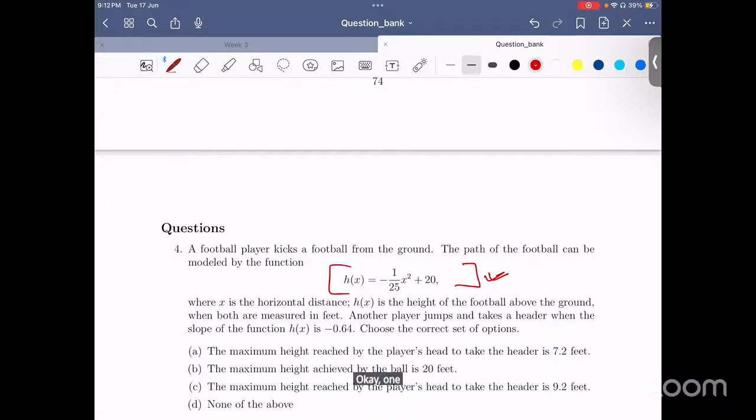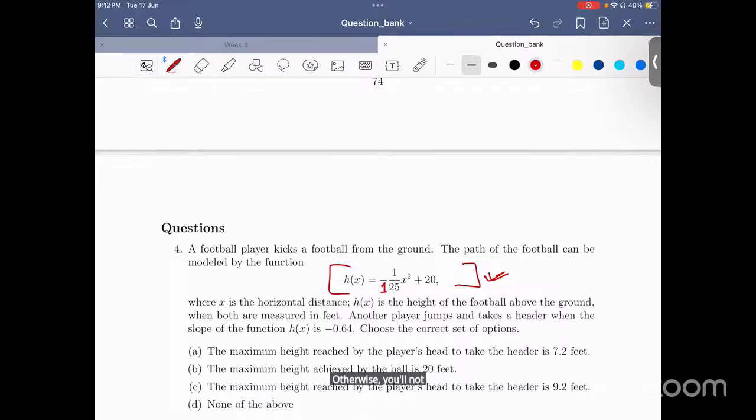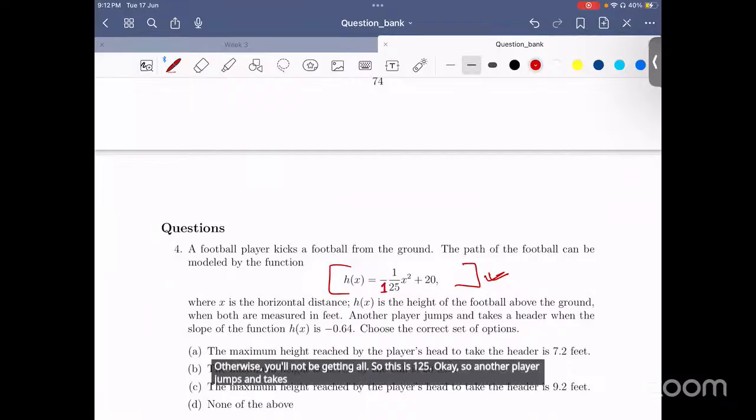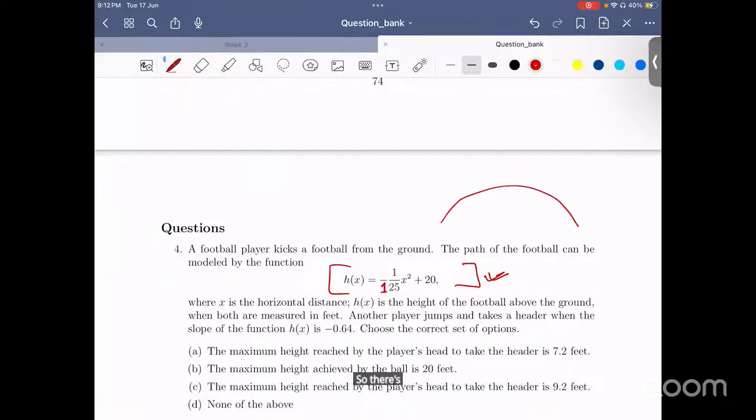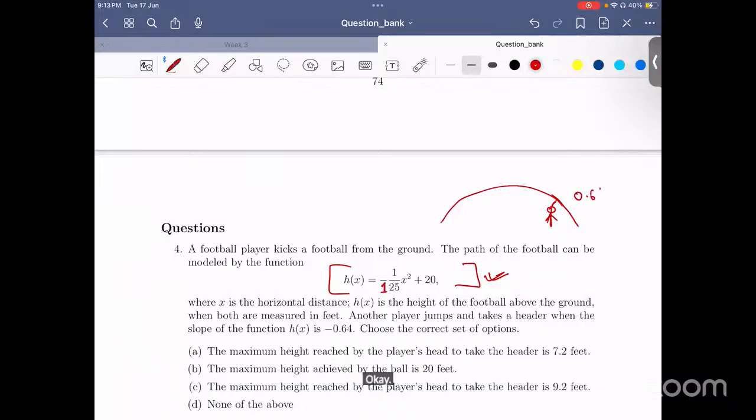Another player jumps and takes a header. This is 125, otherwise you will not get it. So the ball was going in some sort of way, and somewhere here a player jumped and did the header. Then the slope at this particular point is also given as minus 0.64, and then you have to find it.